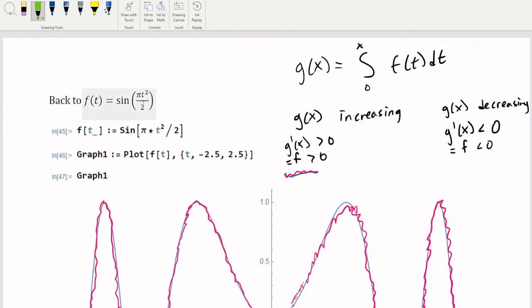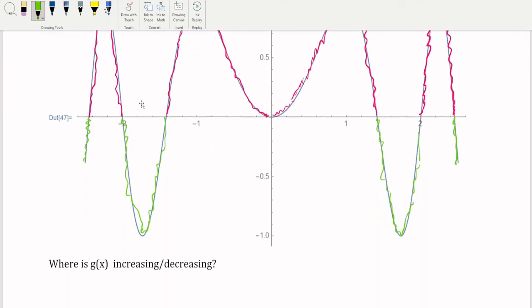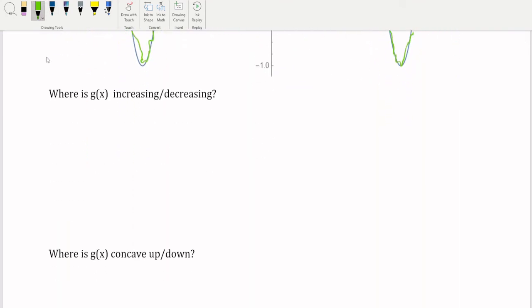Well, this is our function, so let's rewrite it down below: sine pi t squared over 2. We'll start with increasing. We want to know when sine pi t squared over 2 is positive. That's what we're looking for here.